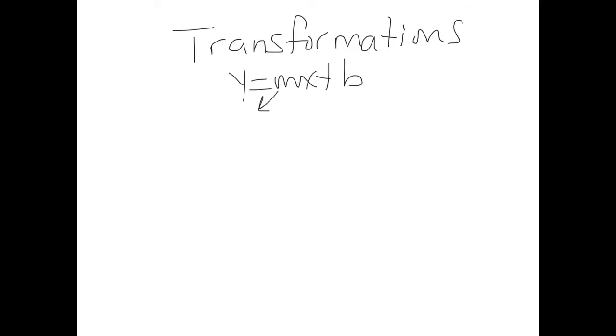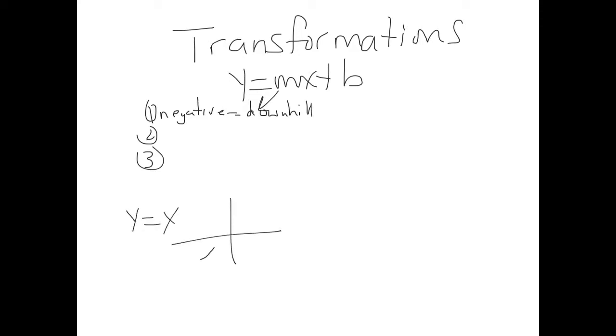The m did three things. If we made m a negative number, that made it go downhill. Okay? So if we had y equals x, the parent function, that would go up like this, but if we change it to y equals negative x, that reflects it and makes it go down like that.